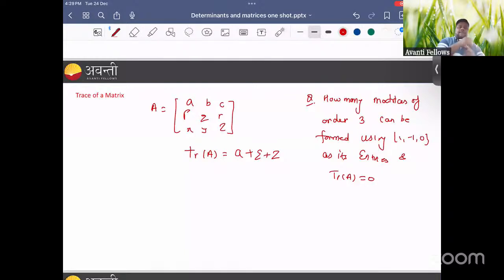Yes, tell me. How many matrices of order 3 can be formed using 1, minus 1, 0 as its entries, and trace of the matrix A is 0?